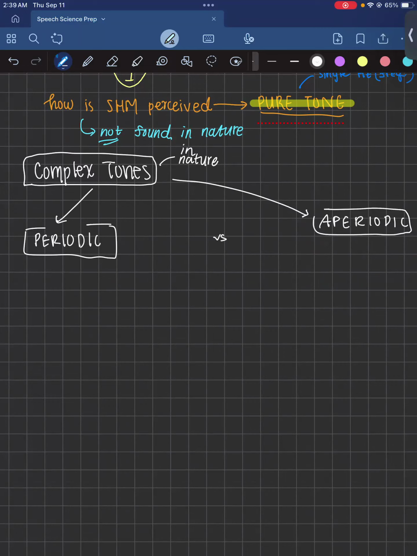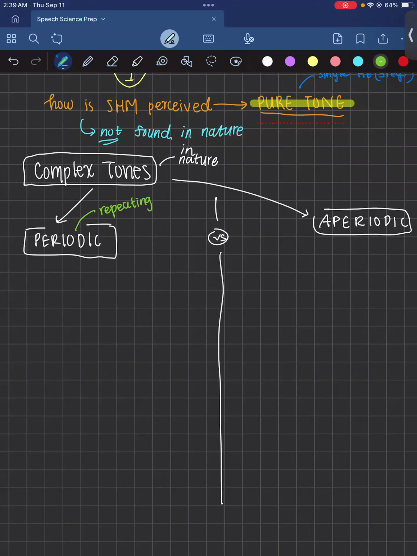Once again, before we dive into what each of these terms mean, let's just look at the names. Periodic means something is repeating, something is predictive, or predictable, I should say. And aperiodic is just the opposite, so it's not repeating.